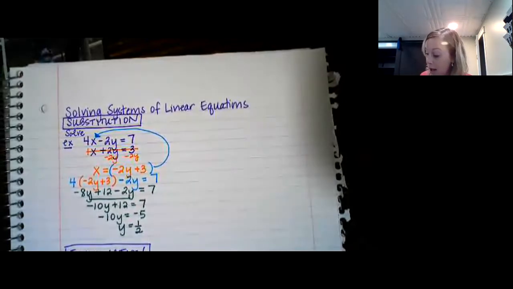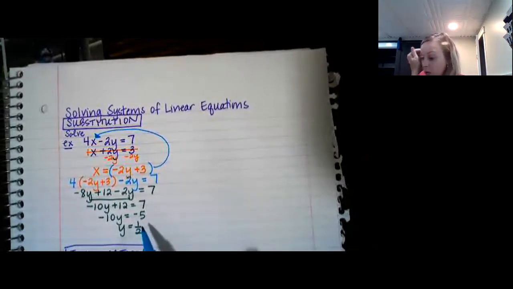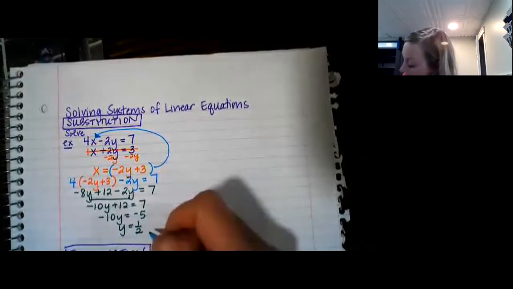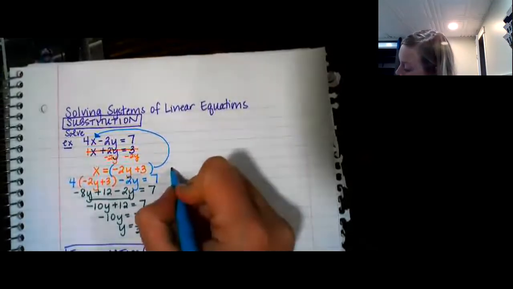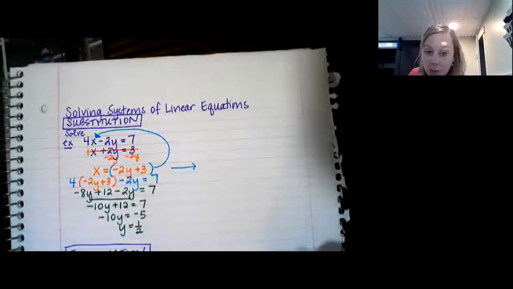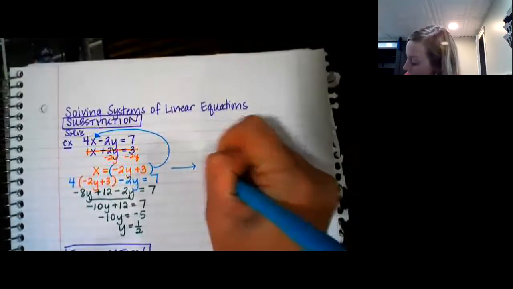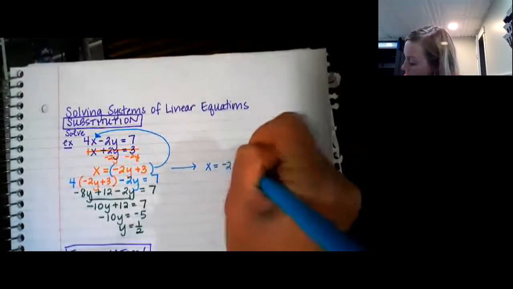From here, I remember from when I graphed my 2 lines that the solution was the intersection point. So I only have a y value now, so I need to figure out what x is. I'm going to come back to this equation right here where it tells me x equals negative 2y plus 3.